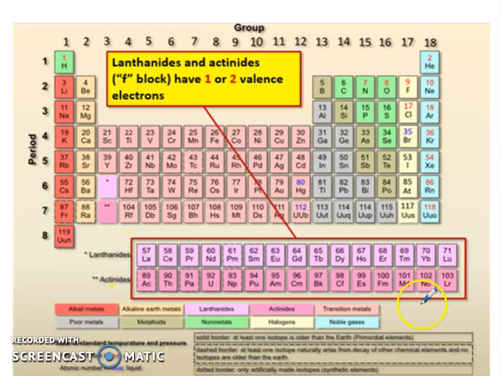Okay, so for the lanthanides and actinides, remember technically, and you can see the stars here, these really fit in the periodic table in this location. You can also see that because if you look at barium, it's 56, and then it goes to 72. So it's like, well, what the heck happened to 57 to 71? So they are down here. Now, the reason why they are separated is more for aesthetic look.